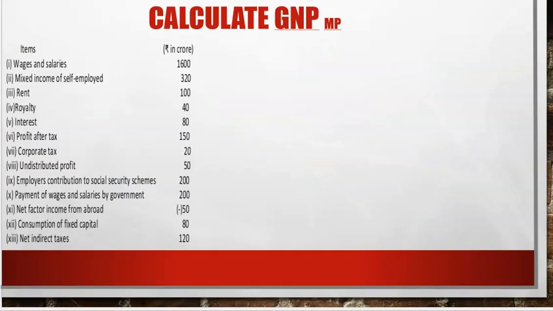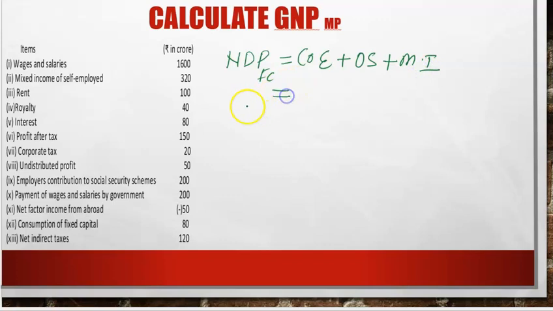Coming to the third type of question, now they're asking for GNPMP, but first always you have to calculate NDPfc. In the income method you have to go for NDPfc. NDPfc कैसे आता है? बहुत easy है. Compensation of employees, operating surplus and mixed income. Let us see COE 1600 is the wage and salaries, and let us search for employers contribution.